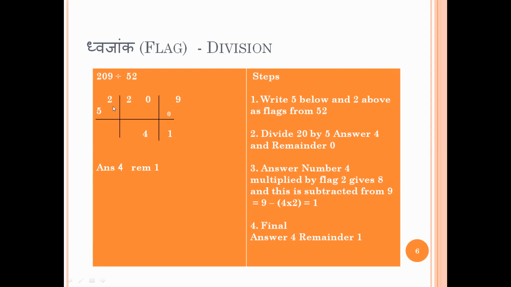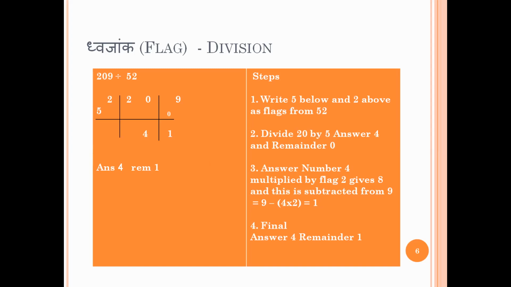Answer is 4, flag is 2, so I subtract 9 minus 8. The answer is 1. I write that 1 here. So my final answer is: the answer of the division is 4 and the remainder is 1.